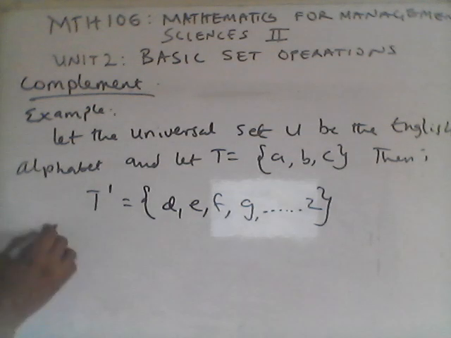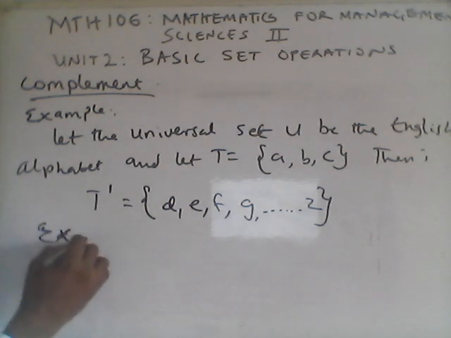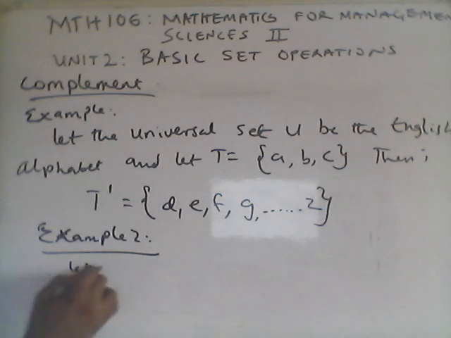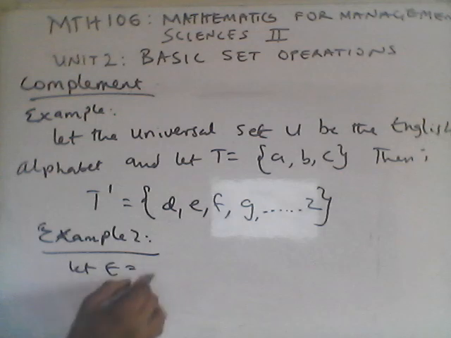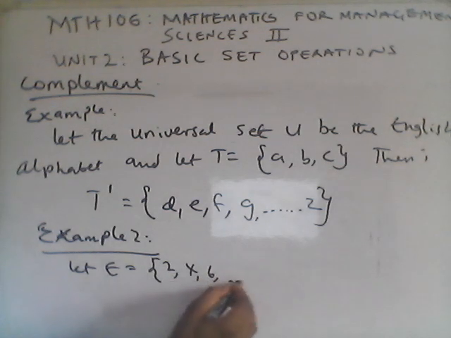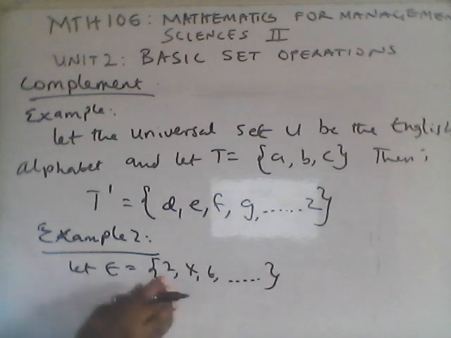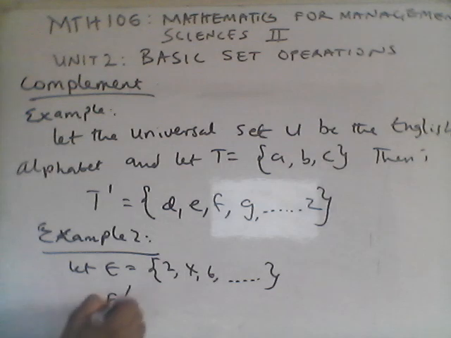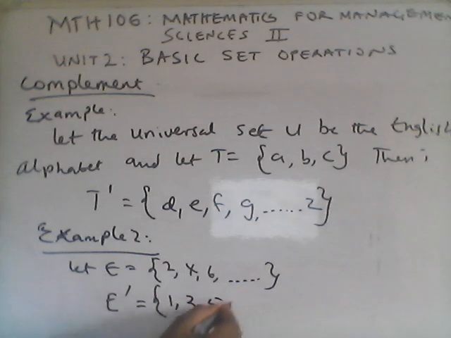Another example, example 2. Let E be 2, 4, 6, and so on. This is just the continuous even numbers, understand? And E prime or E complement will be any number that is not an even number, such as 9 and so on.